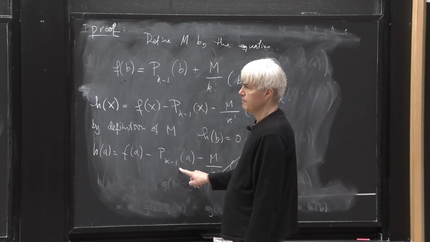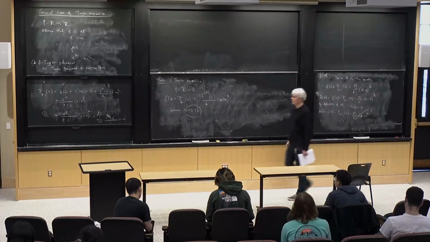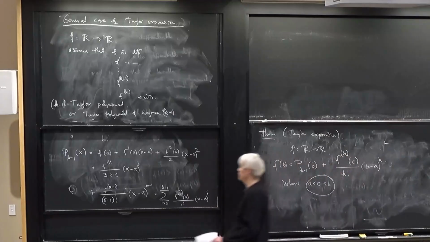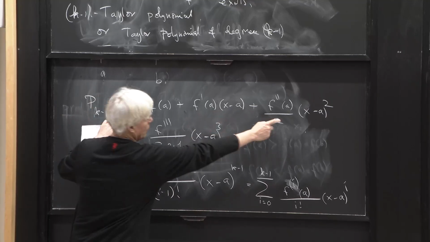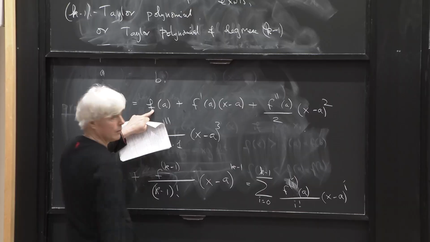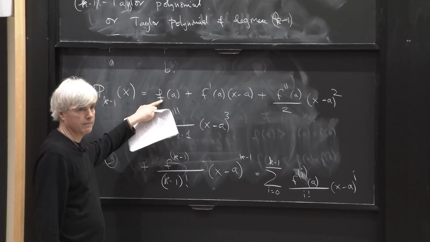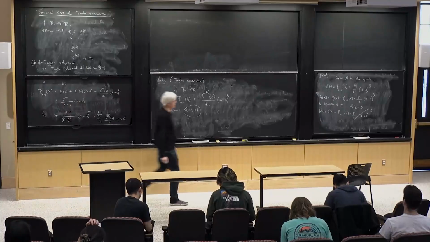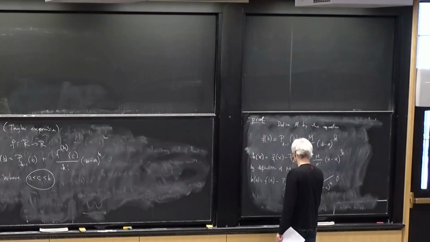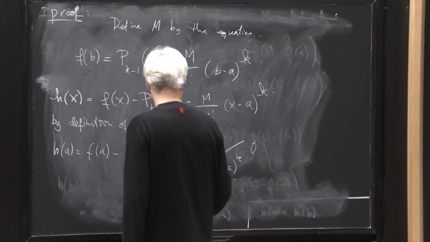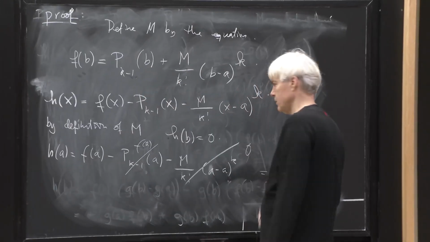And this thing here is this polynomial I wrote up here. If you plug in a, all the other terms drop out, and only this one lives. So this is the same as f of a, and so the whole thing is actually 0.